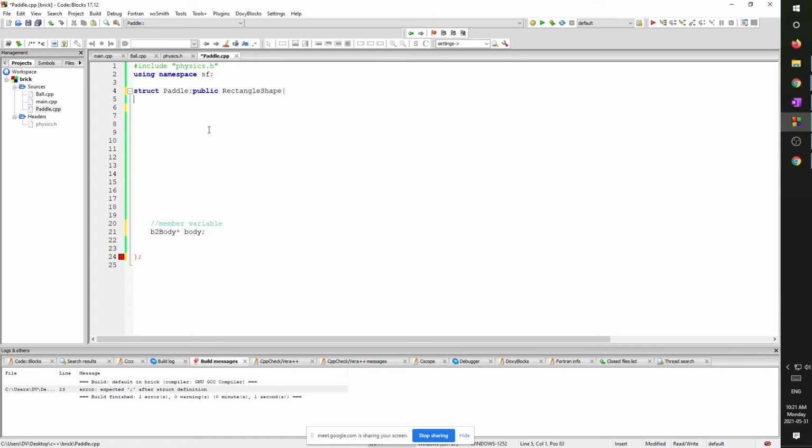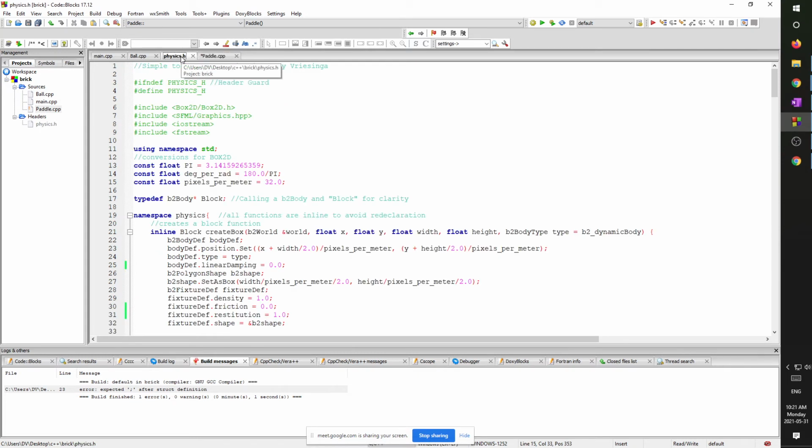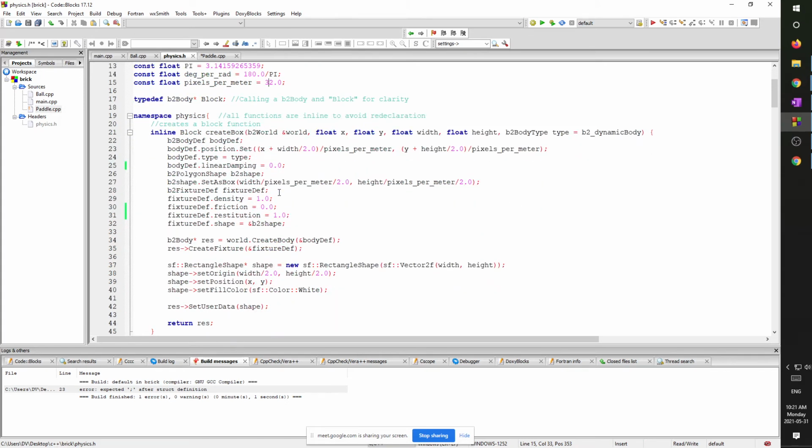We'll have to add our constructor, which launches when we run it. And the constructor, when you call that, it's just the name of your actual structure with some code in there. So we'll put some code in there. We will copy a lot of the code from the box2d file here, the physics file. So here's create box there. Looks like when we create our box, we need to pass it a bunch of stuff, so we'll just copy all of that stuff.